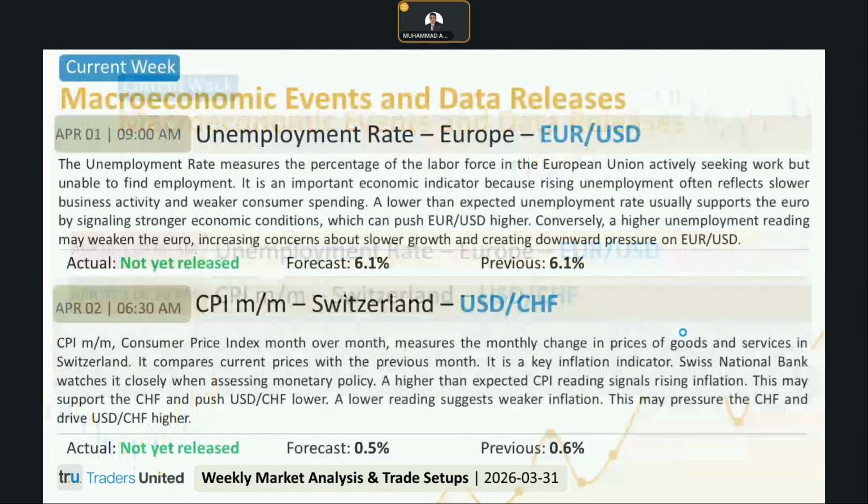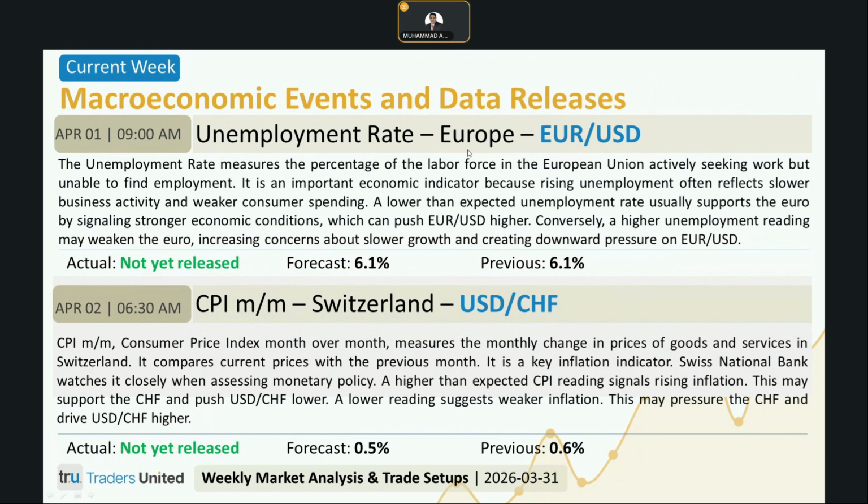So let's start with the first one, the unemployment rate in Europe. So today is March 31st. So in a few days time, we're going to get this financial news announcement related to unemployment rate in Europe. The date and time is April 1st at 9 a.m.